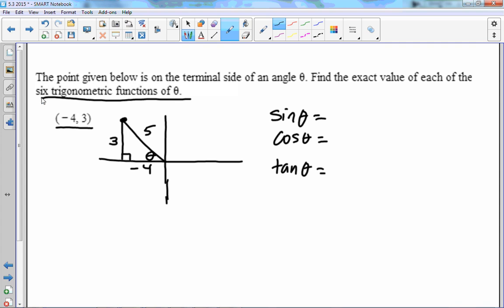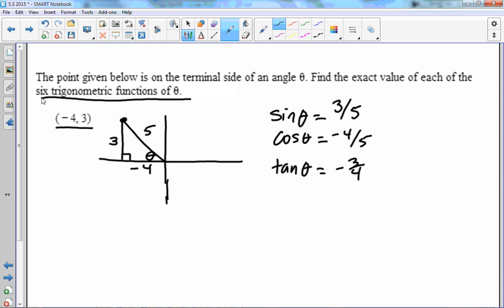Yeah, opposite over hypotenuse, so that would be 3/5. Okay, cosine is adjacent over hypotenuse, so that would be -4/5. And then tangent is opposite over adjacent, so that would be 3 over -4. So I'm just going to say -3/4.